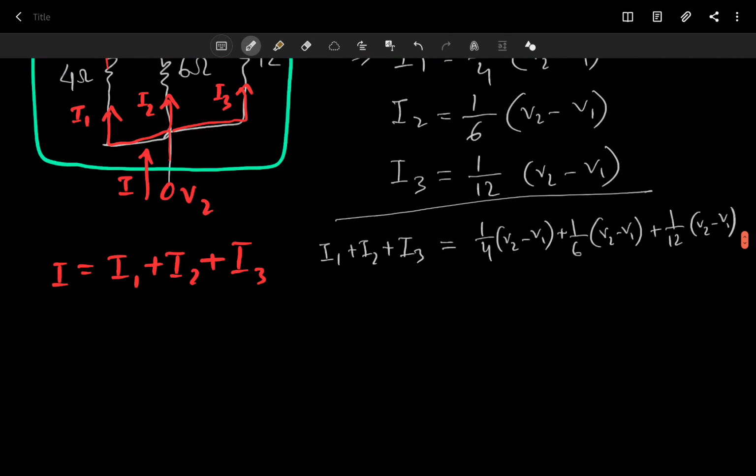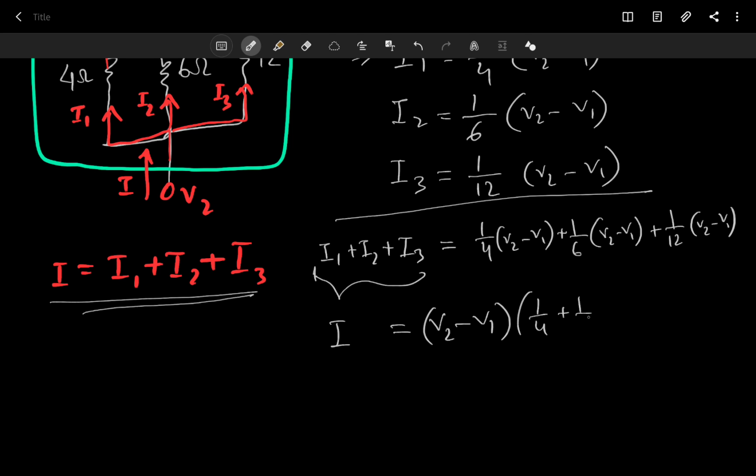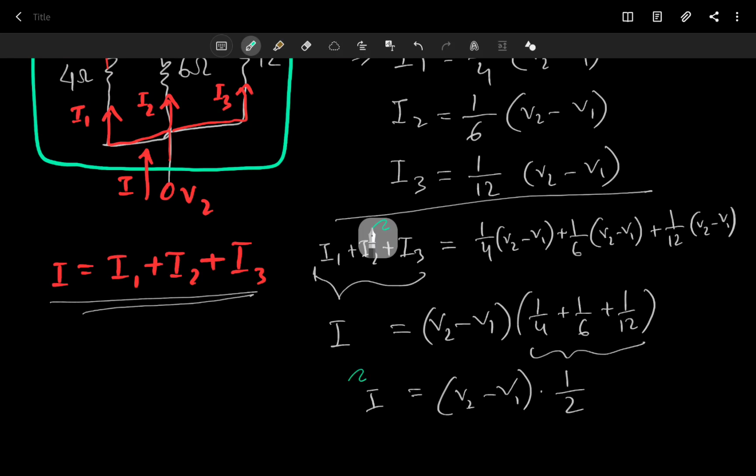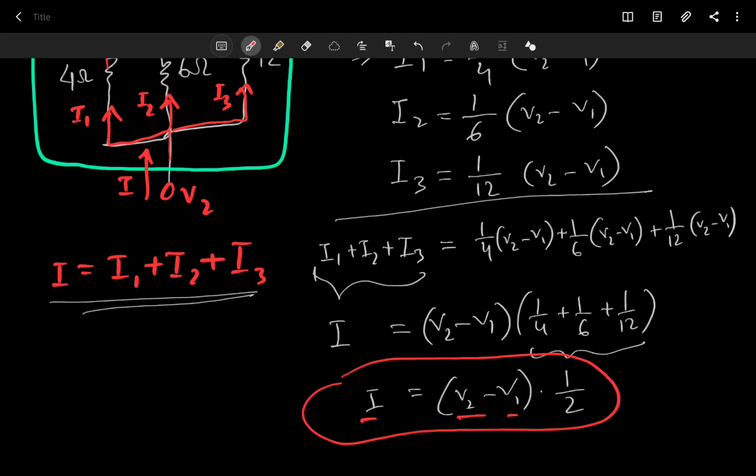Now as you can see, I1 plus I2 plus I3 is just I, and if you take V2 minus V1 as the common term, you will have 1 by 4 plus 1 by 6 plus 1 by 12. If you calculate this, you will see that it's equal to (V2 minus V1) times 1 by 2. So this is the equation between the terminal voltages and current.